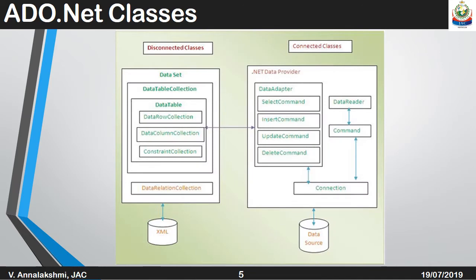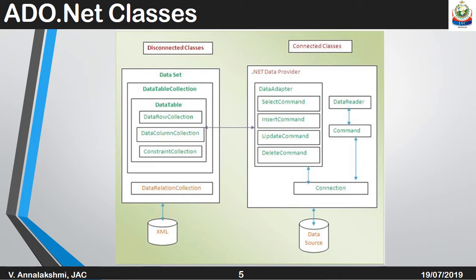ADO.NET classes. ADO.NET classes can be categorized into two types: one is disconnected classes, another is connected classes. The disconnected classes contain DataSet, data table collection, data table, which has data row collection, data column collection, and constraint collection.